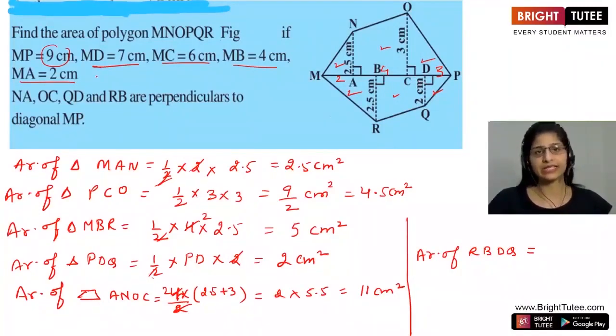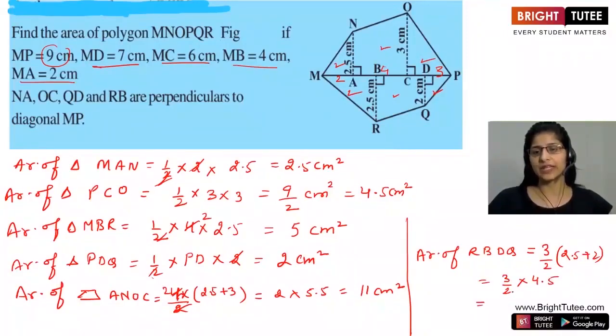From MD, that is 7 centimeter, if we subtract MB, 7 minus 4, what is BD then? BD is 3. So height is 3 upon 2 into the sum of parallel sides. The parallel sides are 2.5 and 2. So 3 upon 2 into 2.5 plus 2, which is 4.5.